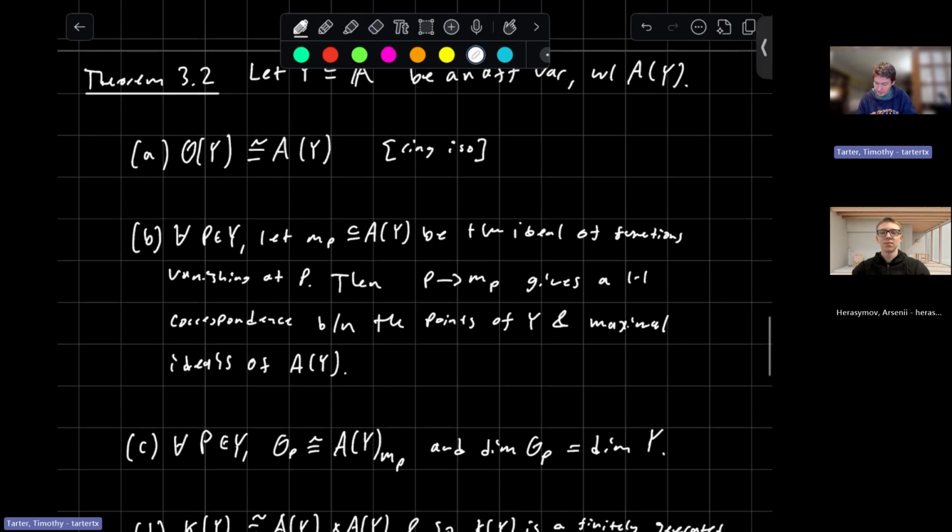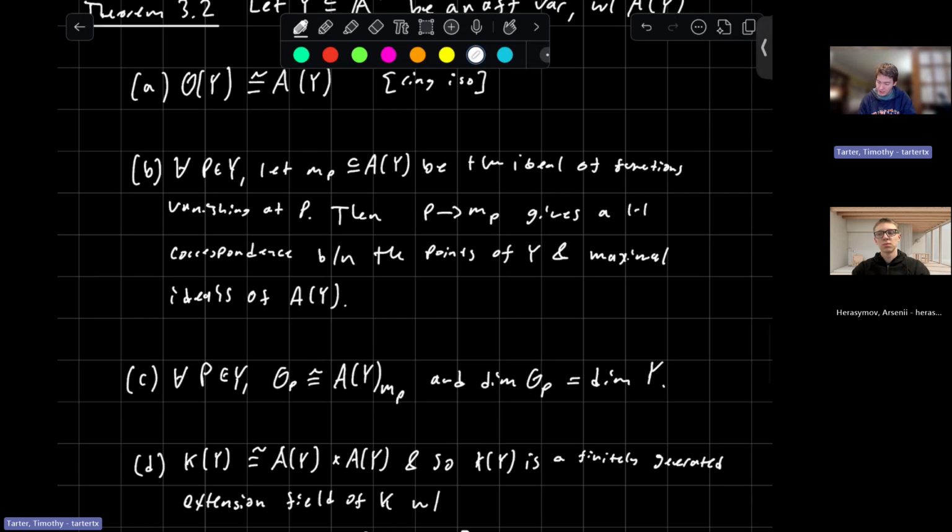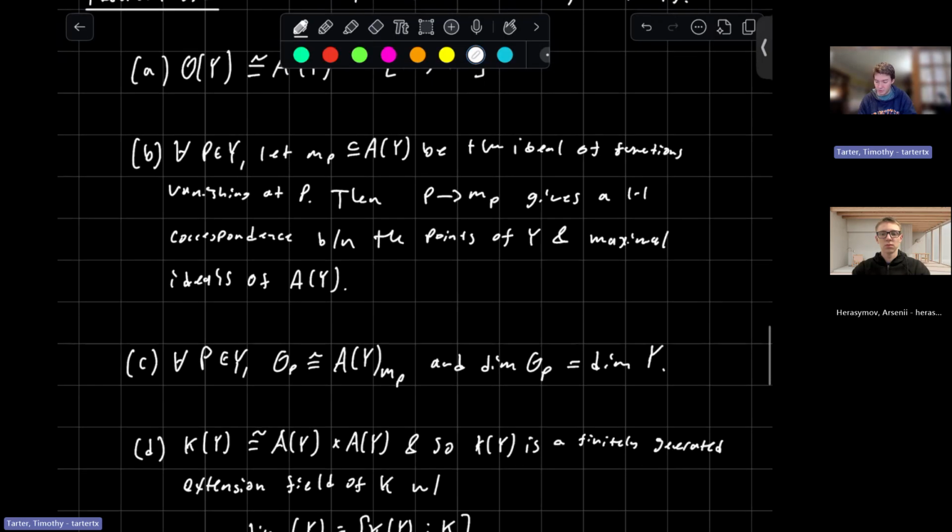Okay. So MP being this maximal ideal of A(Y) vanishing at P, sending P to MP gives a one-to-one correspondence between the points of Y and the maximal ideals of A(Y). We know there's a one-to-one correspondence between points of Y, which are the minimal algebraic subsets of Y, and maximal ideals of A containing Y. Then passing to the quotient of the ideal generated by the variety, these correspond to the maximal ideals.